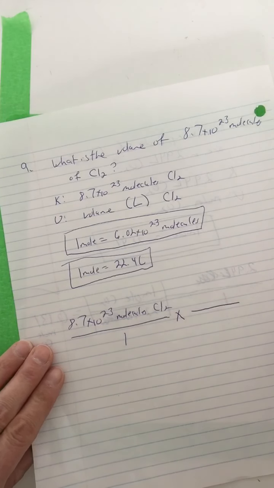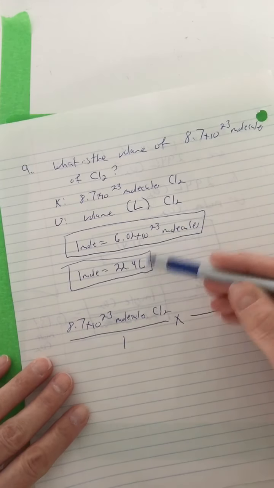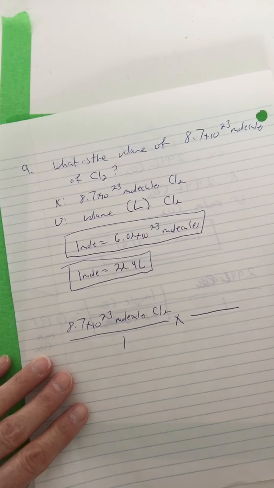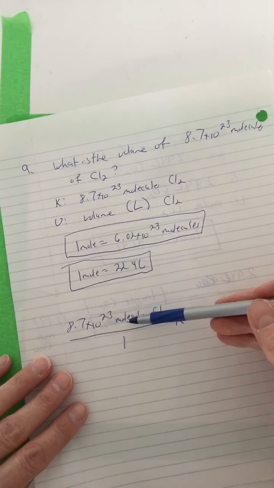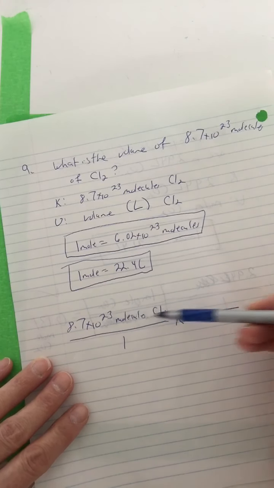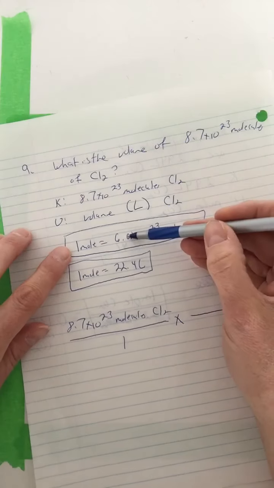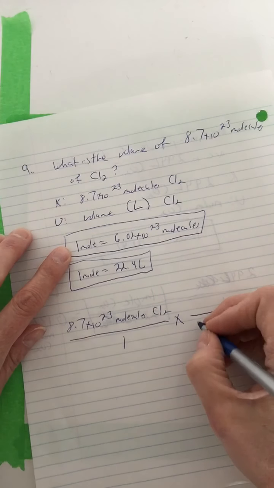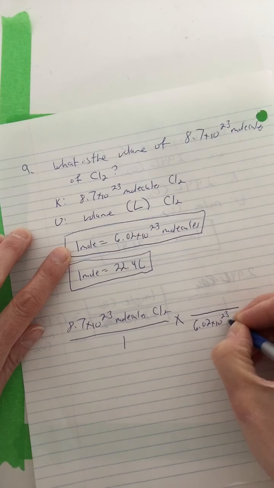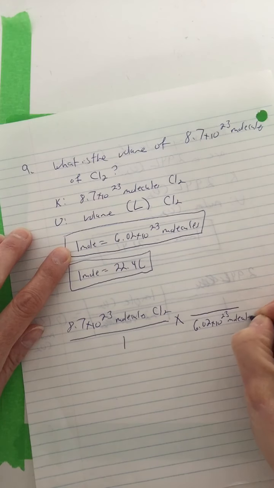What's going to go on the bottom? I have to use these bunk bed pairs or conversion factor pairs, whatever you'd like to say. So I've got molecules of Cl2 on the top. I have to put molecules in the bottom because I want to cancel that out. Well, this is the one with molecules. So I have to put 6.02 times 10 to the 23 molecules of Cl2.